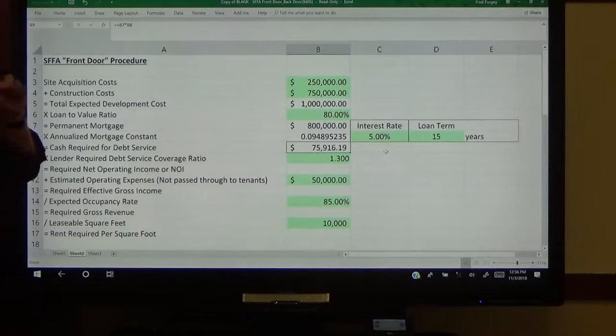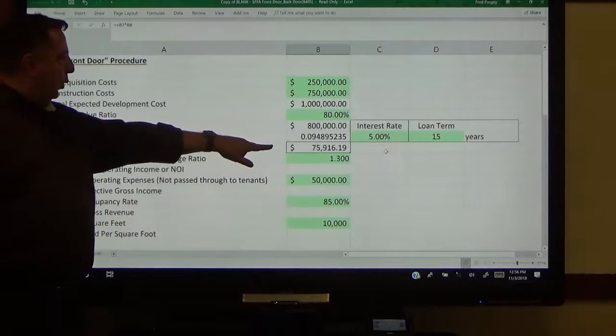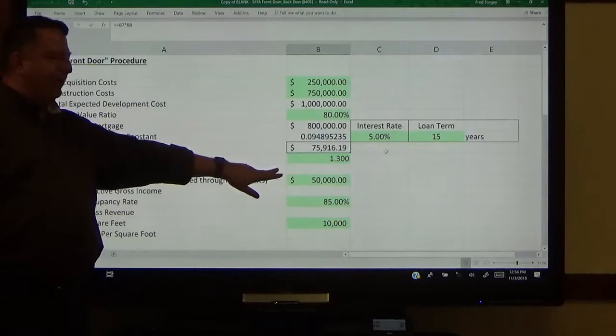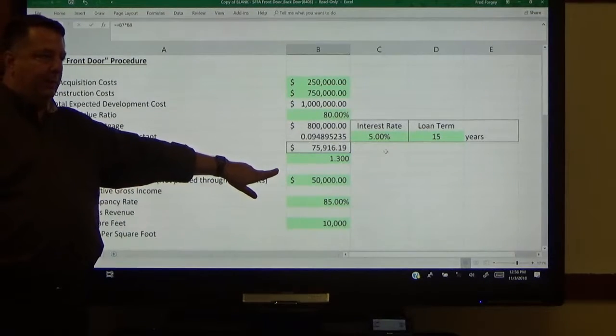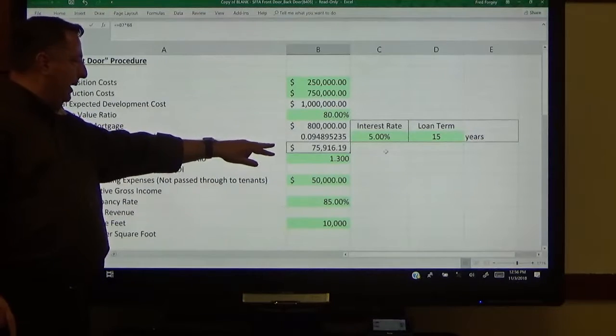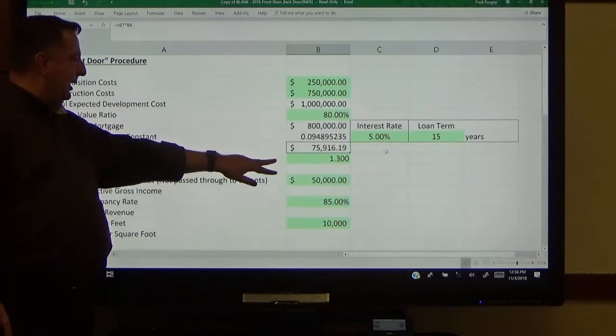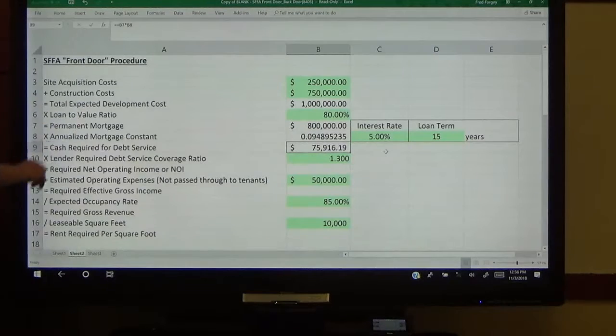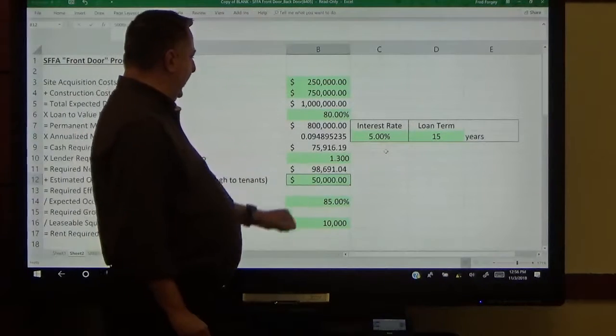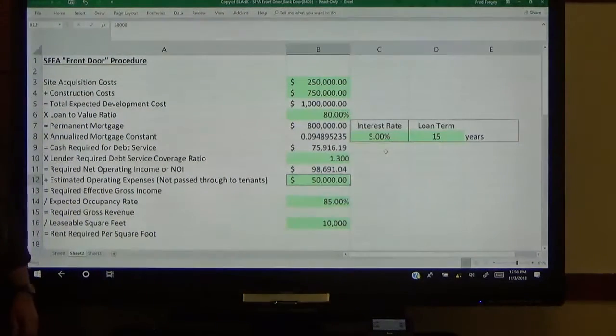In other words, they want a 30% cushion between whatever payments you're making us and whatever your income is. So you would take the 75,916.19, multiply it by the 1.3, and that will give us our required annual net operating income, which would be $98,691.04. Okay? All right, good?